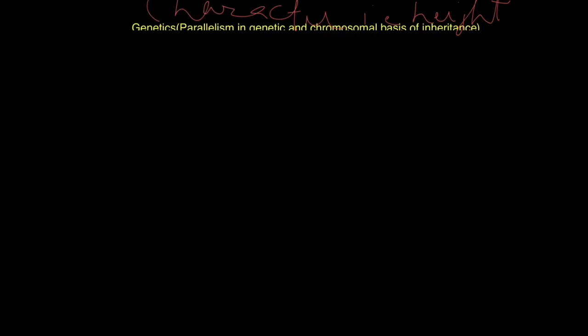Similarly, can we define a chromosome? Yes, a chromosome, as we know, is the physical carrier of DNA from a parent to the offspring. It is a cellular structure which carries the information from a parent to the offspring.